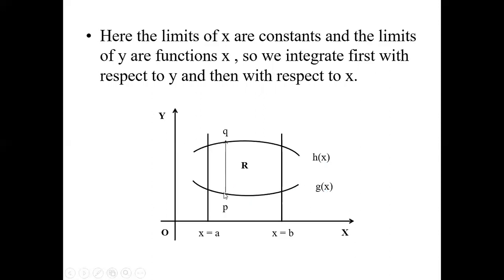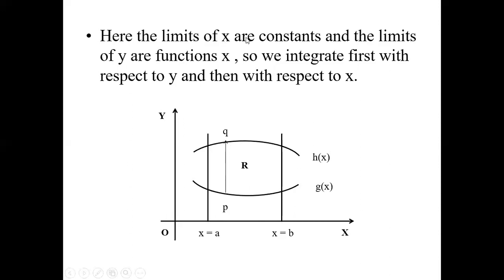The lower end lies on y is equal to g of x, the lower limit of y, and the upper limit lies on y is equal to h of x. So first you are integrating with respect to y, and then with respect to x.